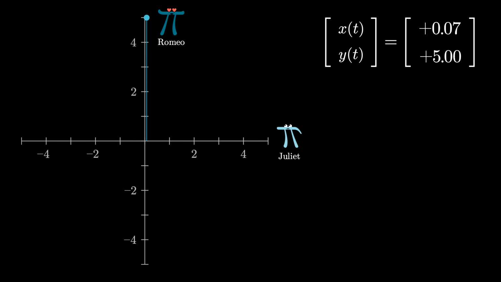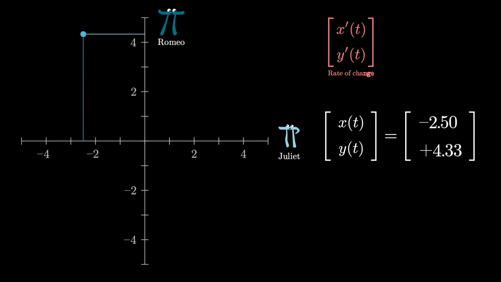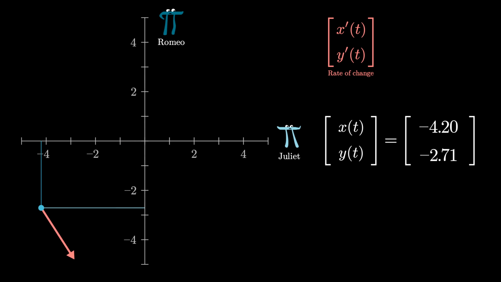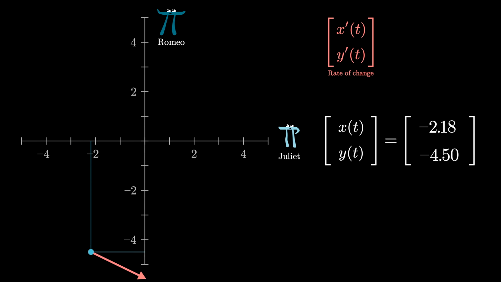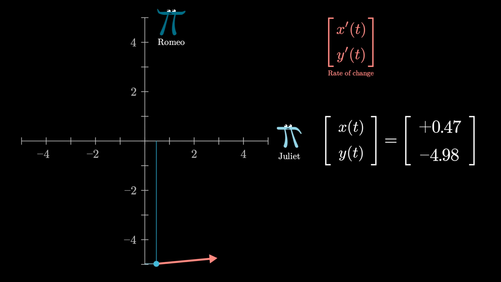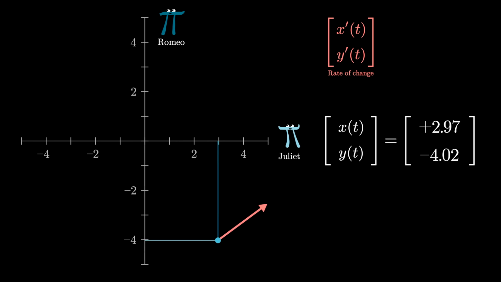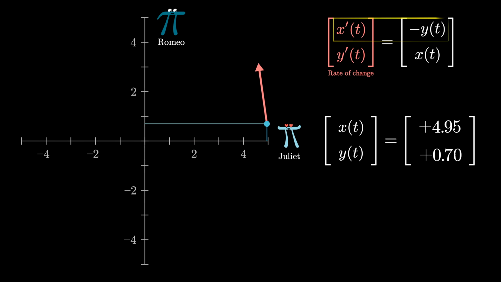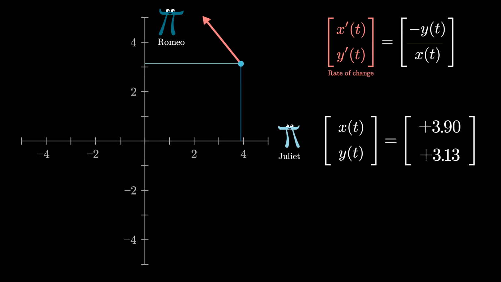You might picture the rate of change of this state, the thing that packages together the derivative of x and the derivative of y, as a kind of velocity vector in this state space, something that tugs at our point in some direction and with some magnitude that indicates how quickly it's changing. Remember, the rule here is that the rate of change of x is -y, and the rate of change of y is x.